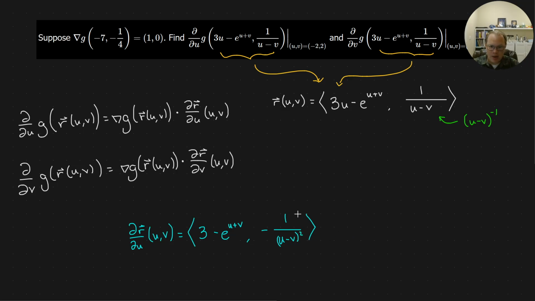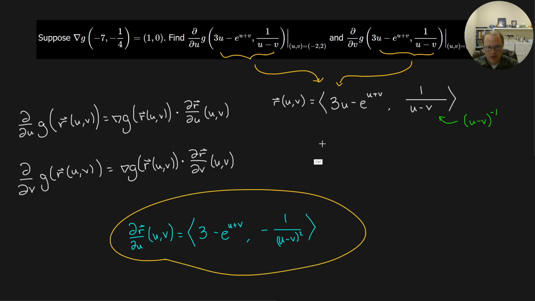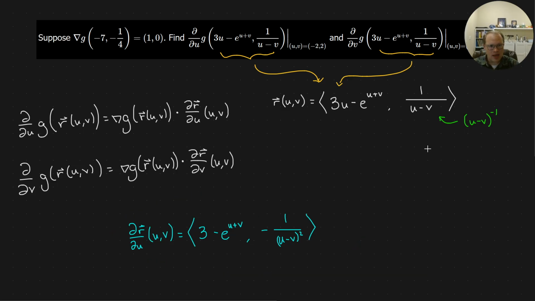Now what I want, I don't just want this. I want this evaluated at negative 2, 2. So now let's plug that in. I plug in negative 2, 2. The 3 is a 3. u plus v would be negative 2 plus 2, that'd be e to the power of 0. e to the power of 0 is 1. So I'm going to get 3 minus 1, that's going to be 2.